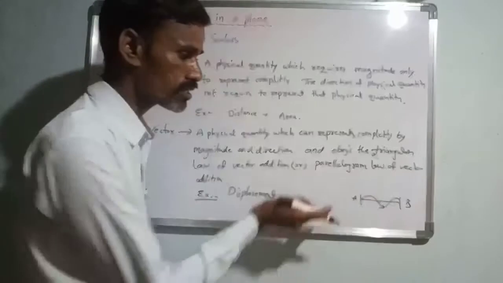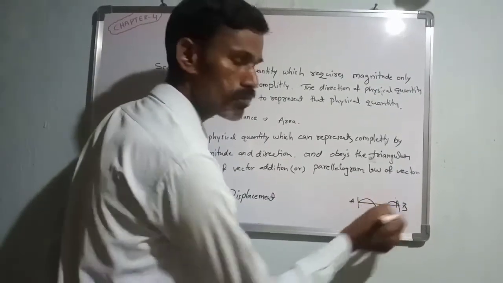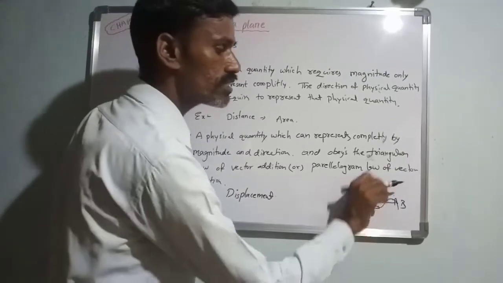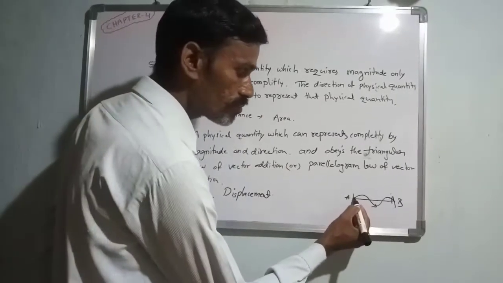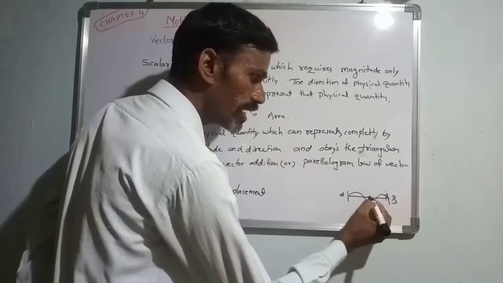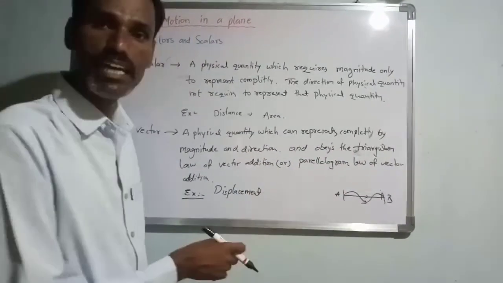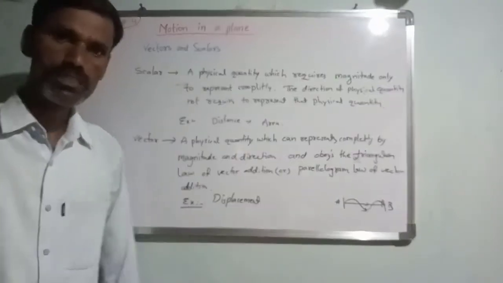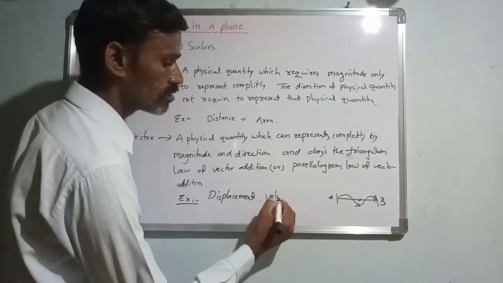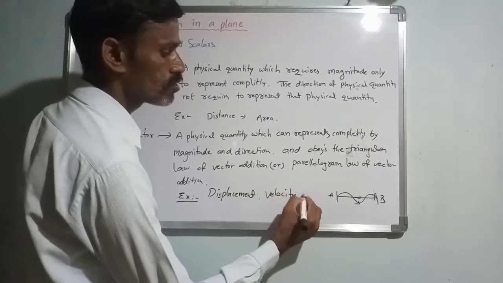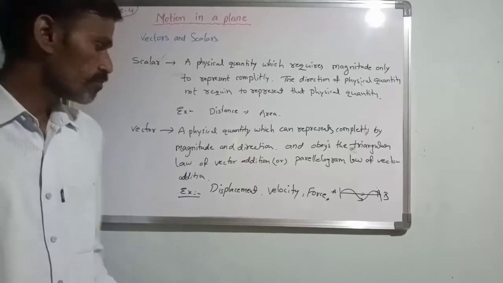Whenever a person moves from A to B in a certain manner, the total path length is the distance, but the shortest distance from initial to final position is the displacement. Here we mention direction, so displacement is a vector quantity. Some more examples are velocity and force.